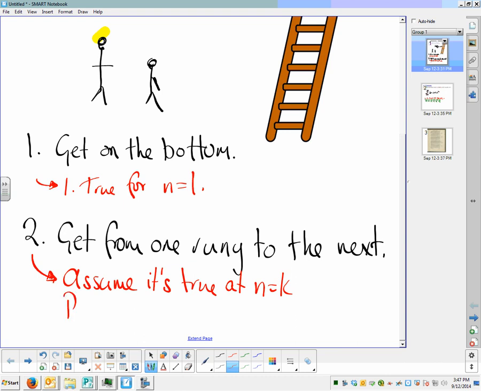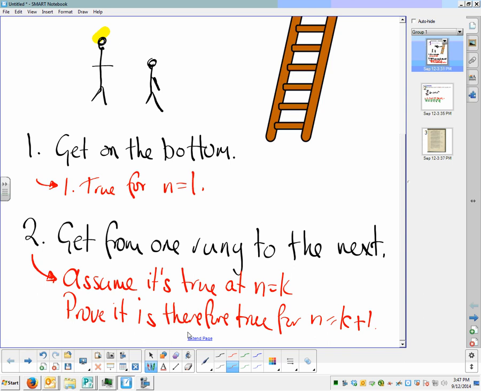Then we have to prove it's therefore true for the next value, which would be k plus 1. So that's mathematical induction.